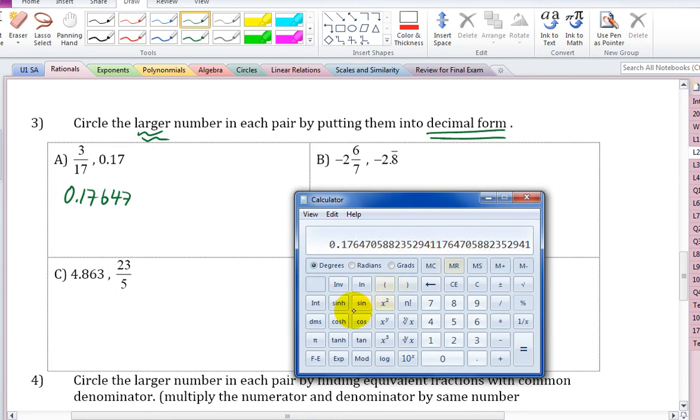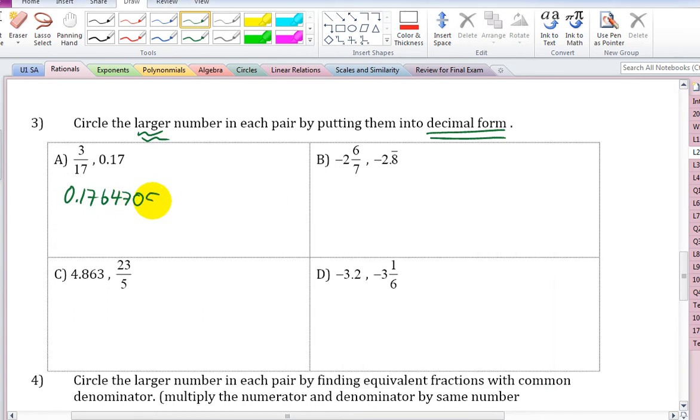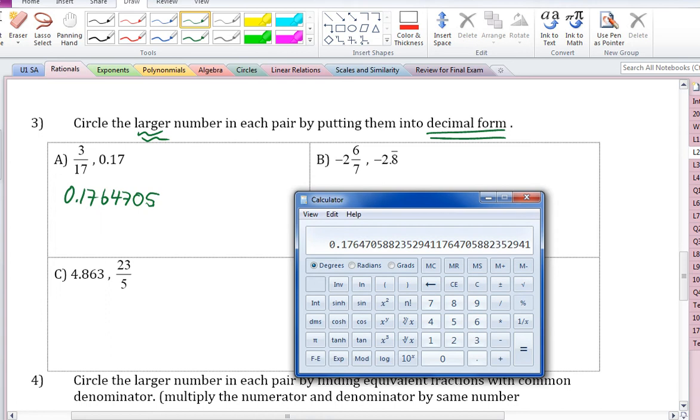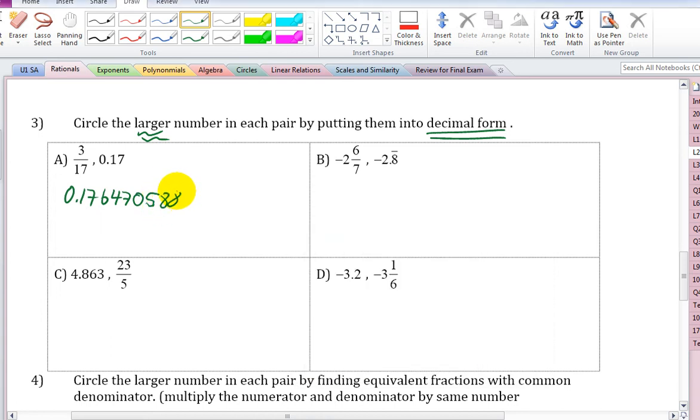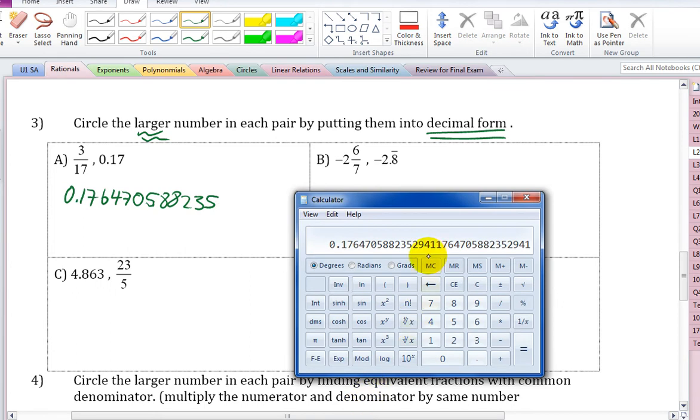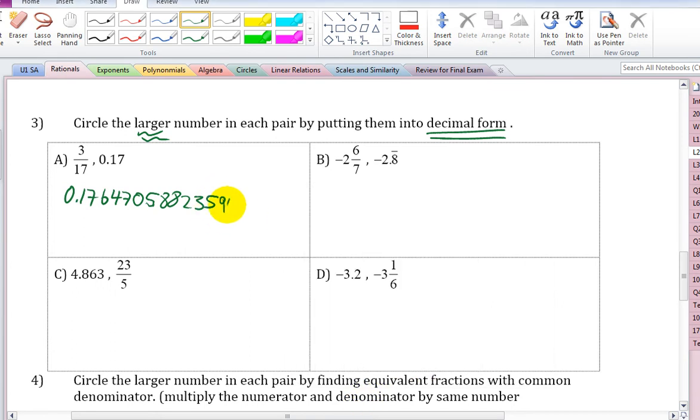Just like at the beginning. So if you're going to put the repeat bar, 0588235941, your repeat bar will have to go over all those digits.